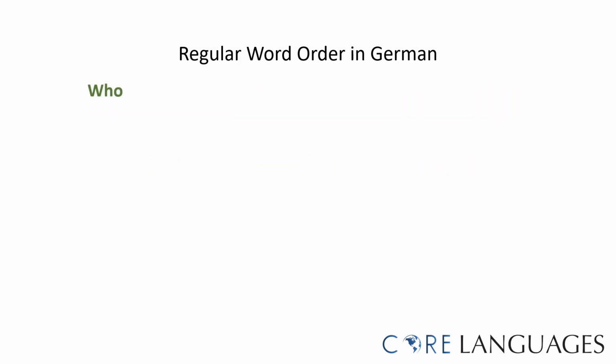The element who always refers to the subject of the sentence, and it is followed by the element what, which refers to the verb, but in a German sentence, the what referring to the object does not have to come next.